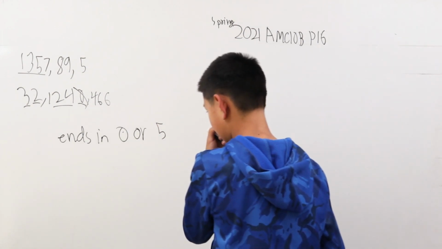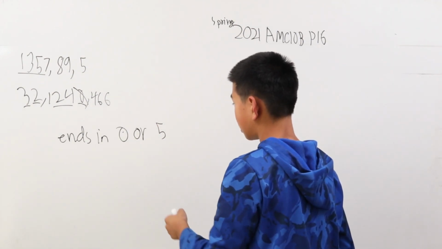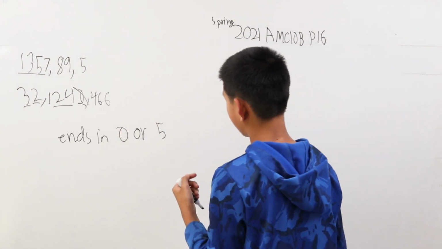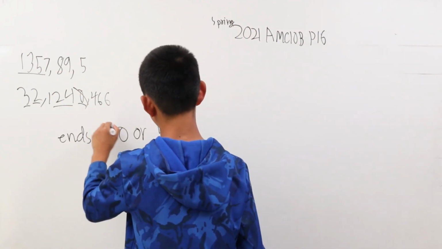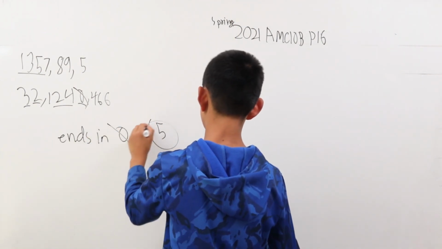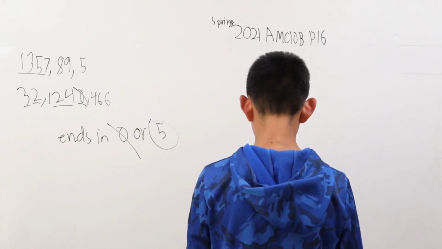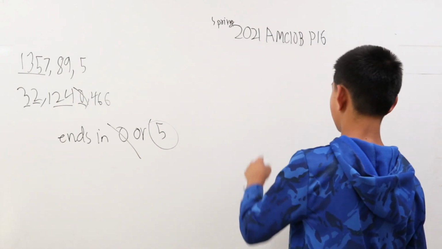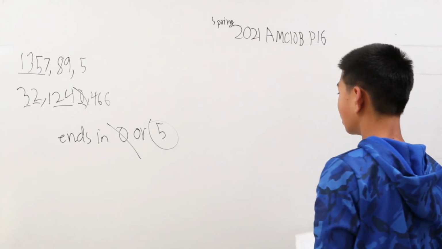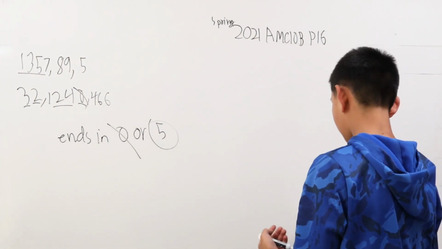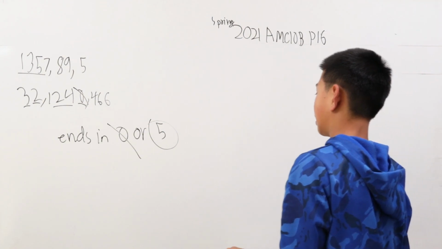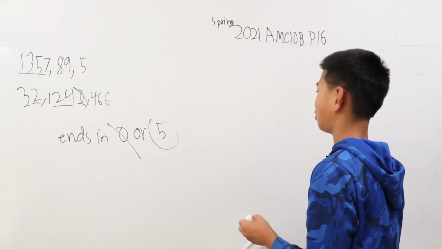But since we're dealing with an uphill integer, 0 is out of the case. So we're only wondering about 5. Now, it has to end in 5, and the sum of the digits has to equal a multiple of 3. So it can't be one digit, because then it wouldn't be divisible by 15.